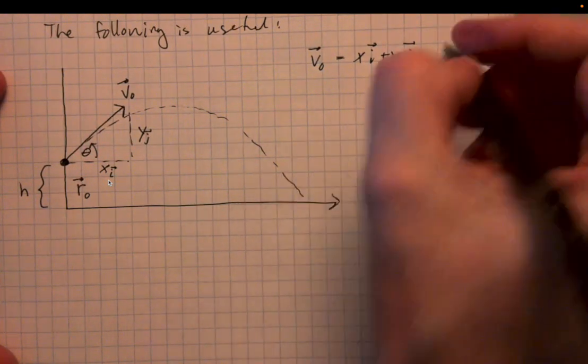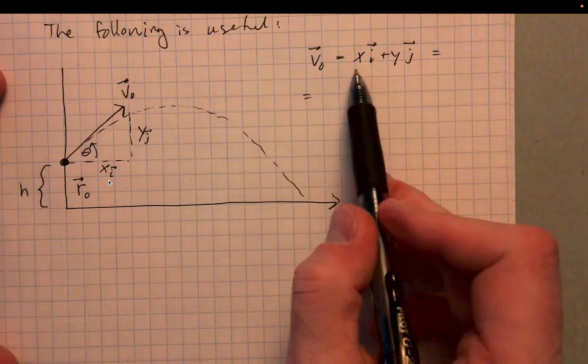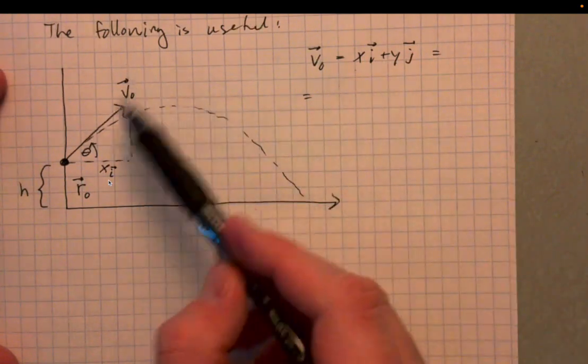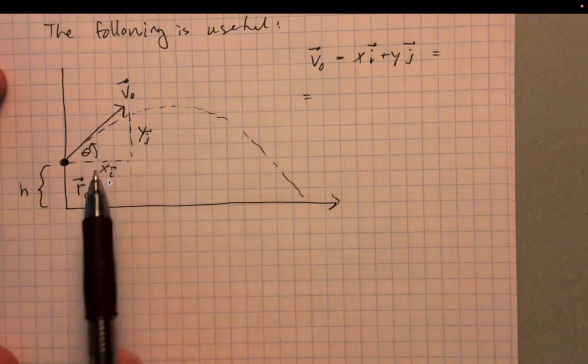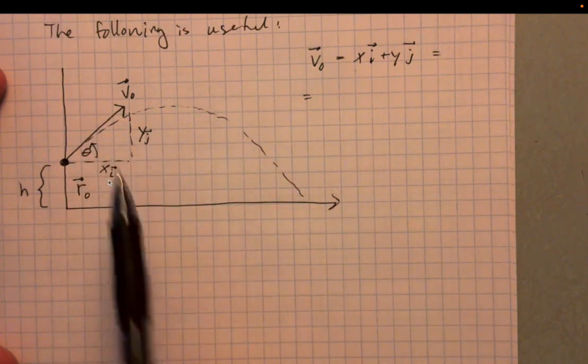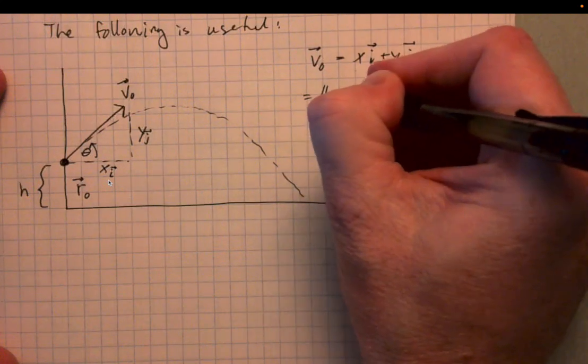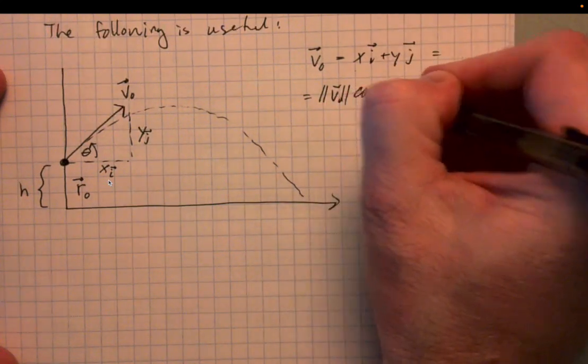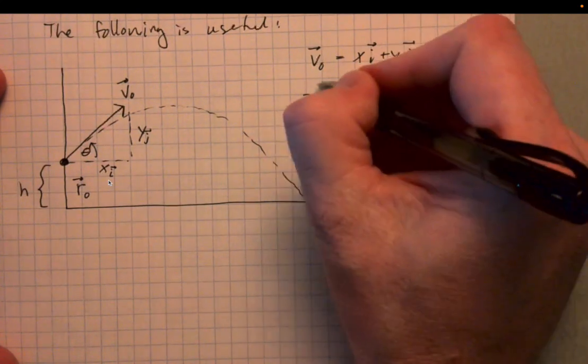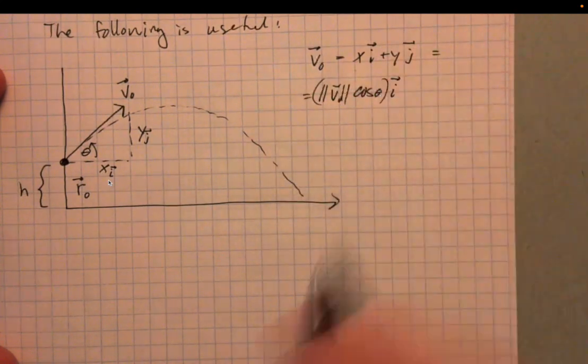And what is that? Well, xi is going to be the magnitude of the velocity times the cosine of whatever this angle theta is, right? Cosine is the horizontal. So it'll be the magnitude of the velocity, namely the speed, times cosine of theta, and that's going to be the i component of velocity.